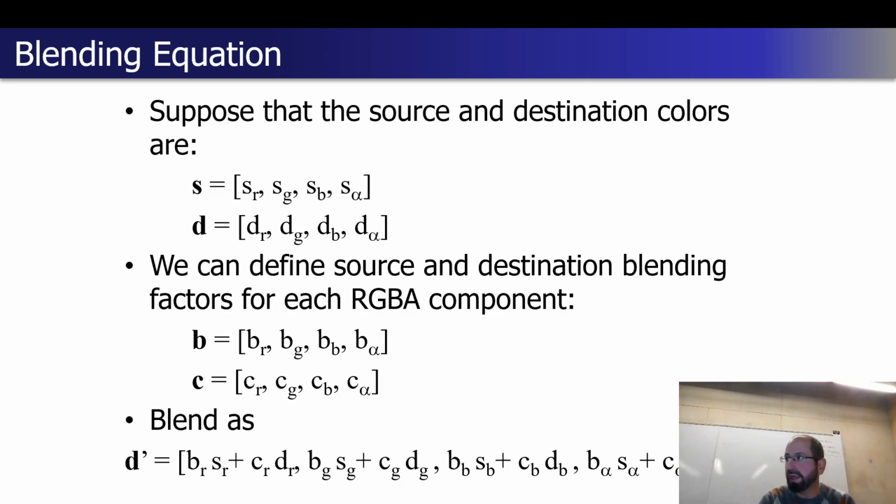Whatever it may be, we take the value of B and it's effectively a weighted average of how much of our source we are taking in versus how much of our destination for each of these channels. But if B is equal to 0.75 and C is equal to 0.6, it gets very hard to reason about what the actual result should be and what you are trying to specify visually.